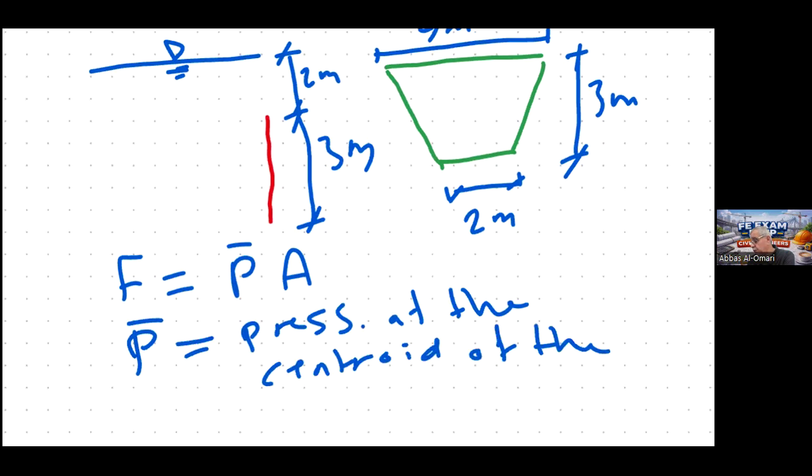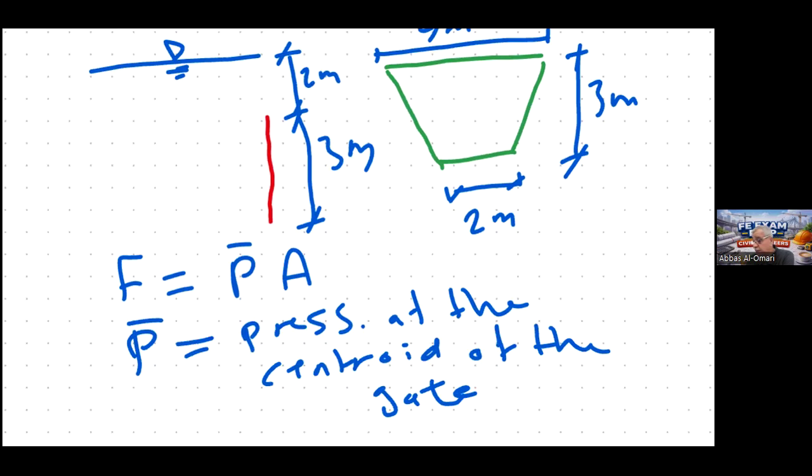So we want to find the average pressure at the Y bar of the gate. So we need to determine the Y bar of the gate first. Then we can easily determine the area. Then we multiply the area by the pressure, and we will get the force.